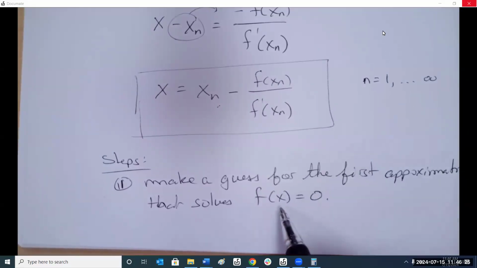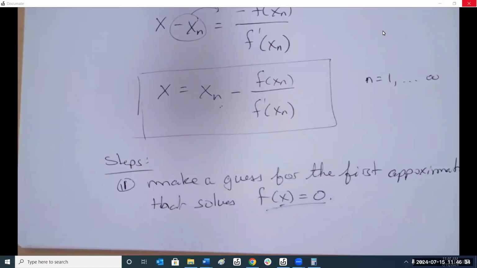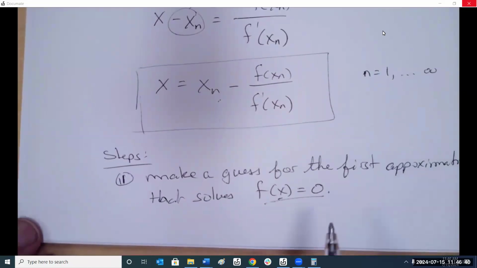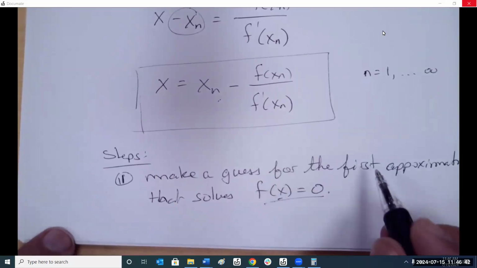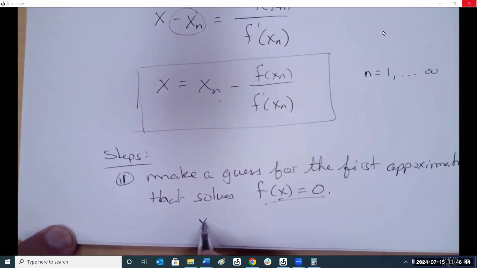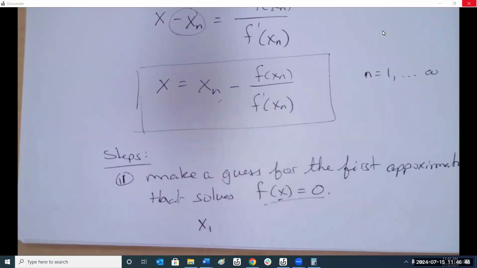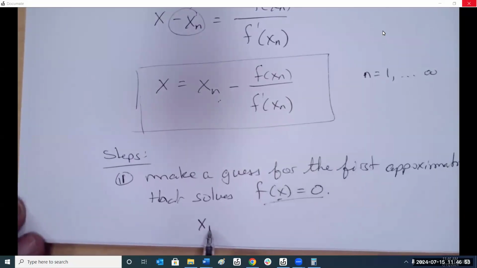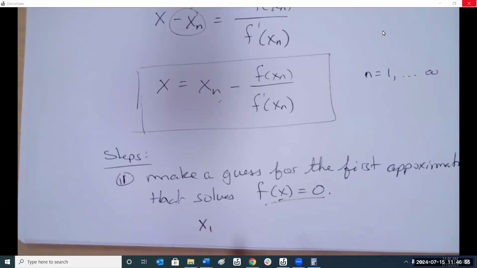So what you're doing is picking the first x and seeing what happens. We're trying to get f of x equals 0. We're looking for solutions. Once we do that, this x we picked is our x sub 1. This is our initial guess, our first guess.